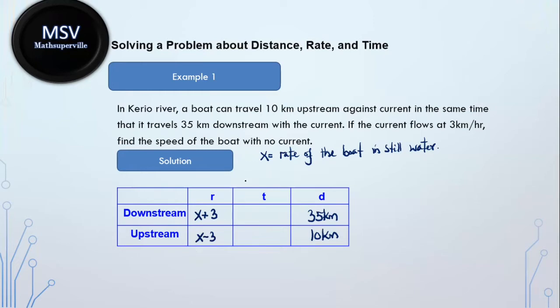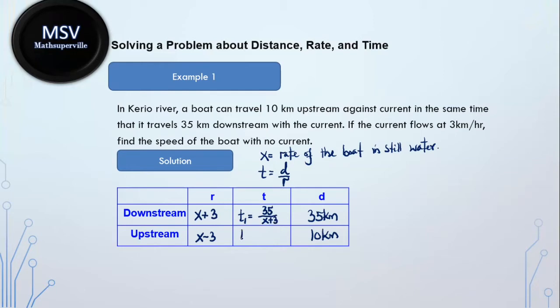So the time it takes to travel downstream, we will call this T1. And remember, the time is given as distance divided by the rate. So this is 35 divided by x plus 3.